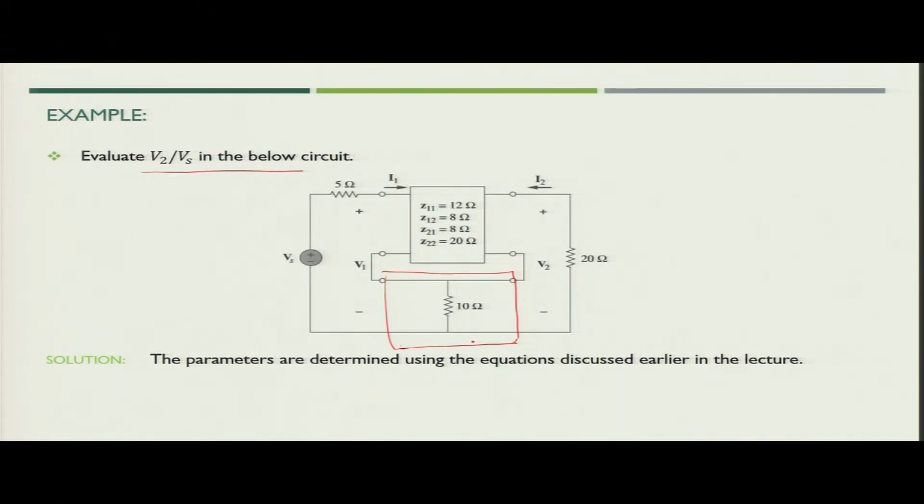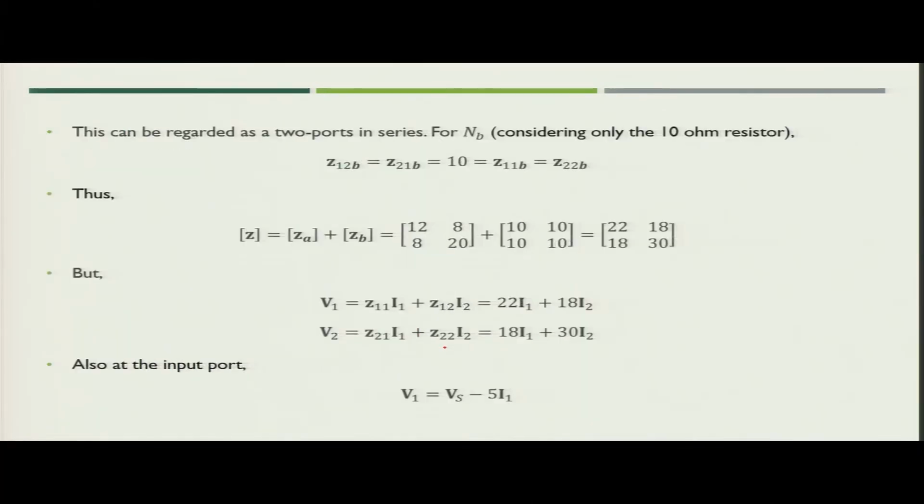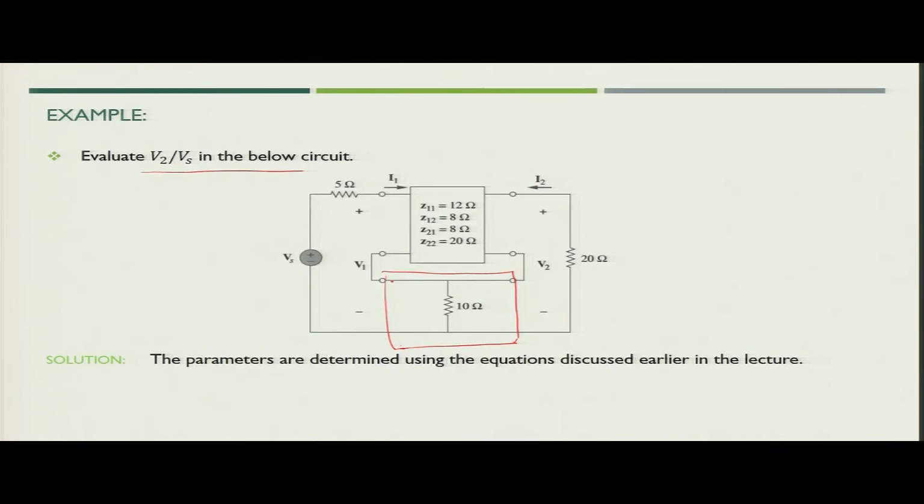So, we can simply write the Z parameters of this type of network: Z12 and Z21 would be the center branch of the T, which is equal to 10, and Z11 and Z22 in this case would be the same, because in the T we can assume resistances of 0 ohm.